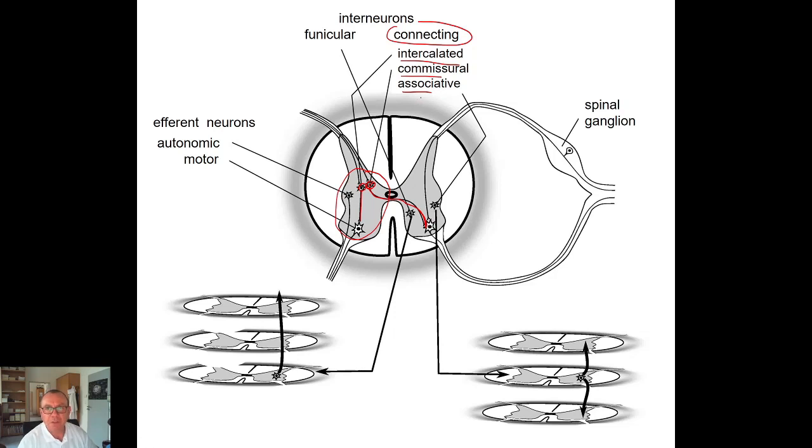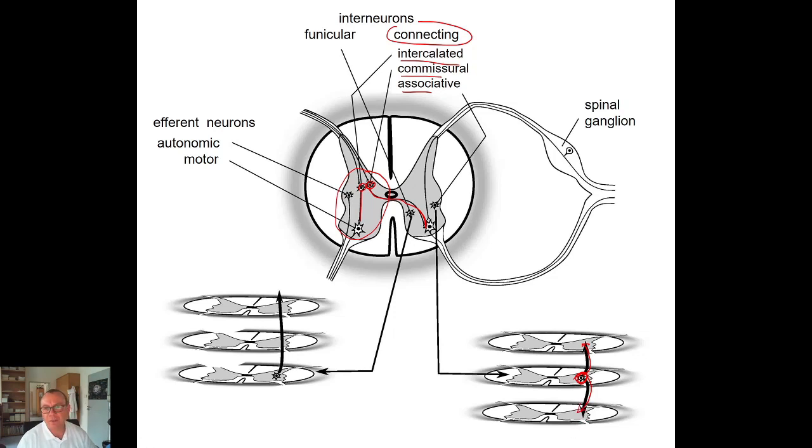Associative interneurons are maybe better visible here. They are also situated in a gray matter. They can be either in dorsal or in ventral horn or in central area, and they send axon which is going either to the cranial or caudal neighboring segment, but not longer.